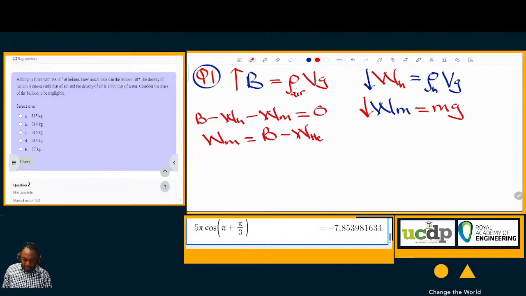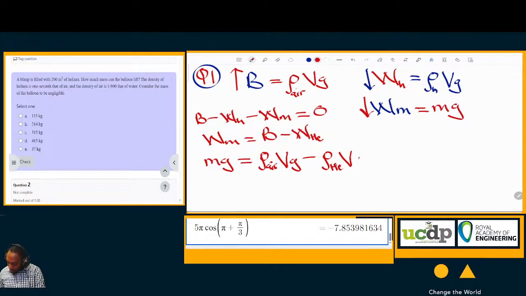Now we can simplify. Our buoyancy is the density of the air times the volume times g, and the weight of helium is the density of the helium times the volume times g.